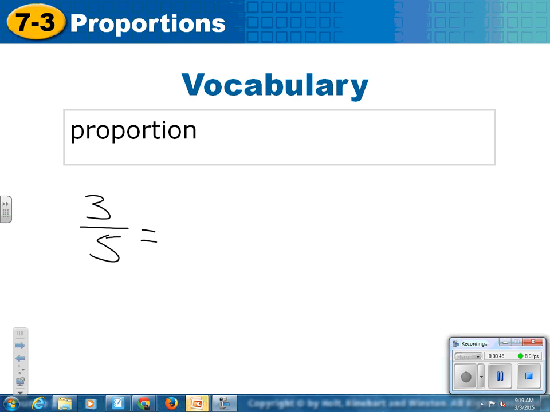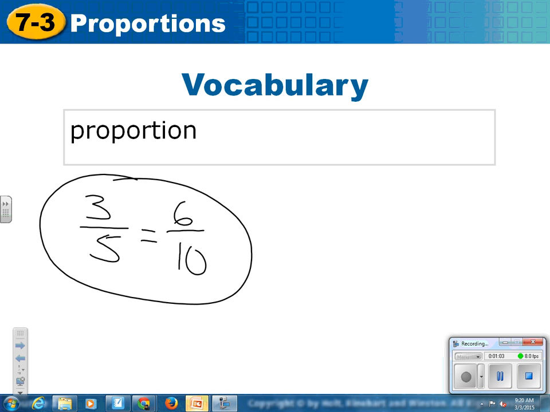Give me an equivalent ratio. 6/10. Right there. This whole thing, equal sign and all. There's a proportion.